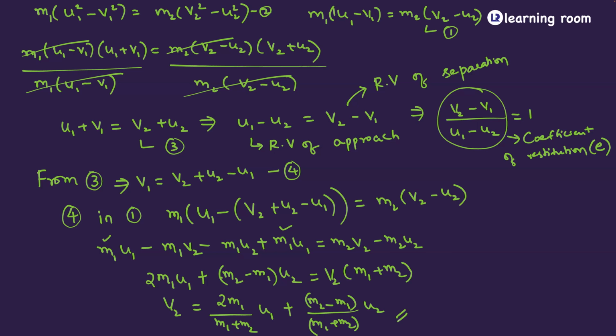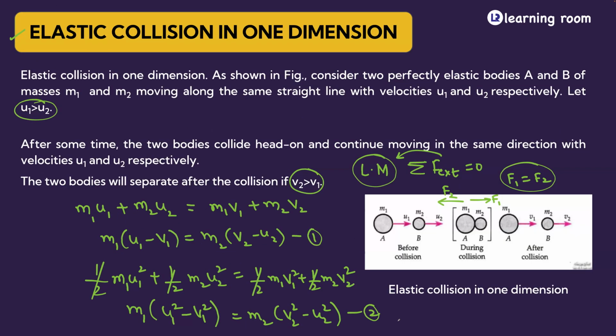This is going to be the final expression for V2 in terms of M1, U1, M2, U2. Am I clear with this? First make a note of this. This is a very, very big derivation.